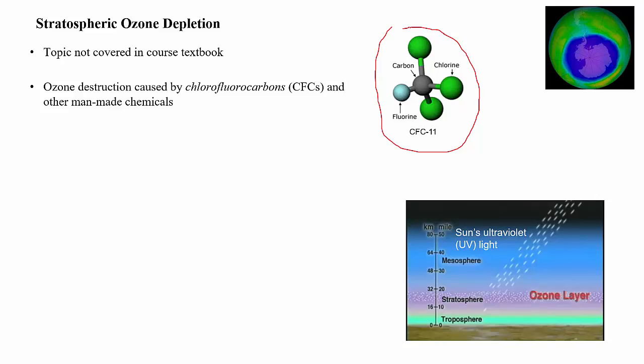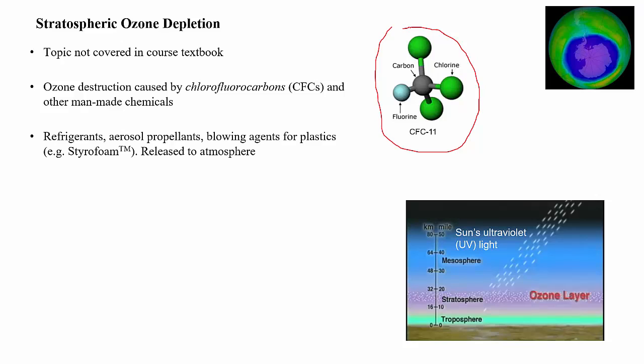CFCs are not naturally occurring. They're man-made, so their presence in the atmosphere is entirely due to manufacture by humans. Prior to about the 1990s, these chemicals were widely used as refrigerants in air conditioning and refrigeration systems.